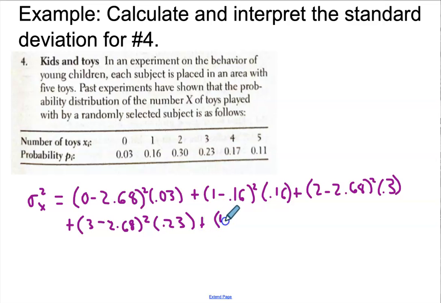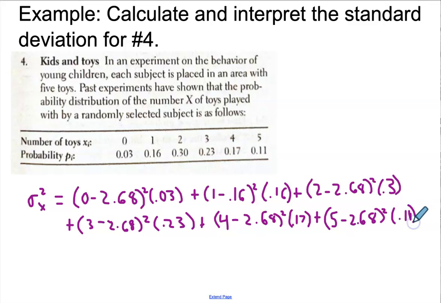Next observation, minus the mean, squared, times the probability. And then the last one: my observation, minus the mean, squared, times the probability. Then we would be typing all of that into our calculator. I'll let you go ahead and pause and do that.